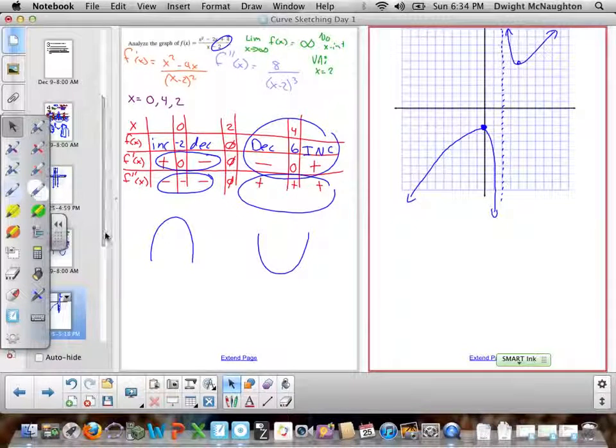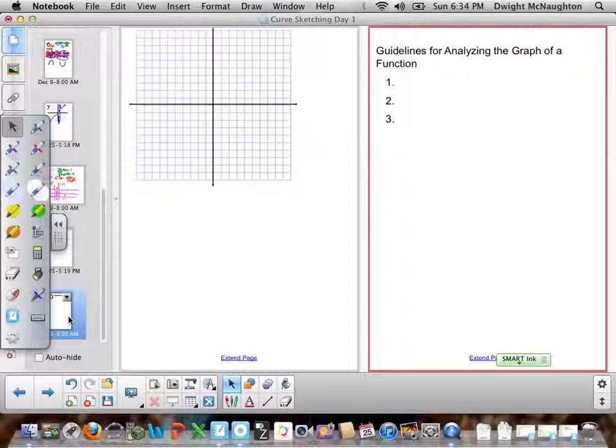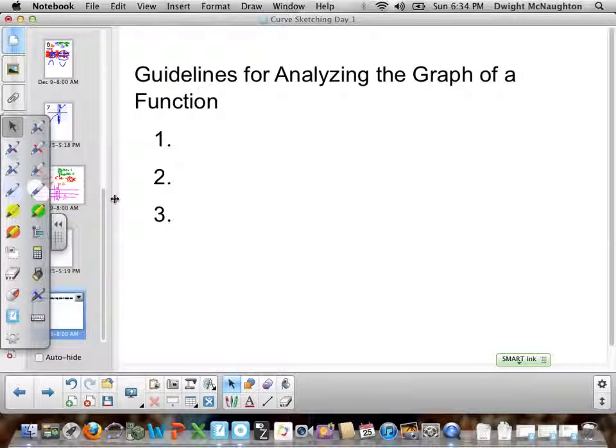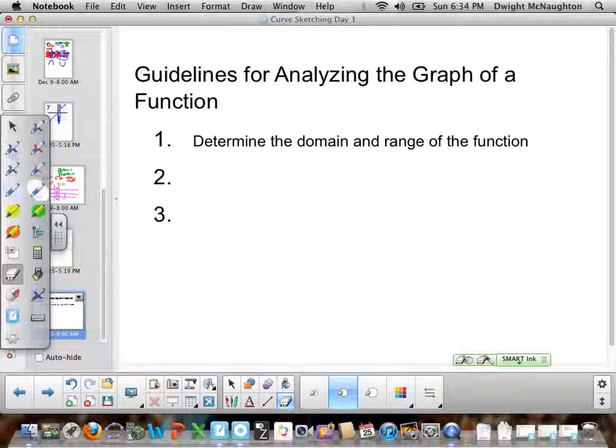So to review, guidelines for graphing a function. Determine domain and range. Use that by looking at the top and bottom. What makes the bottom 0 will get you your asymptotes, that is tied to the domain.